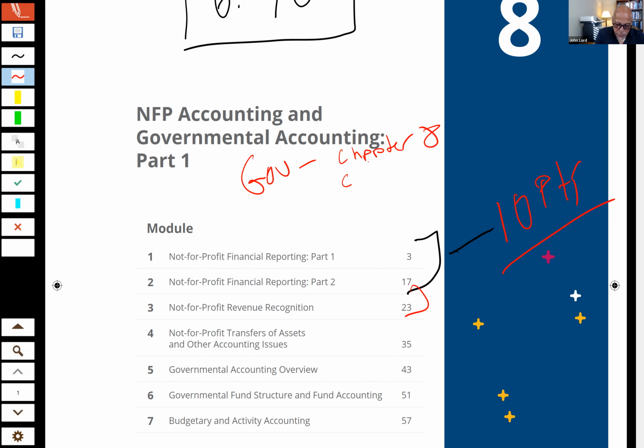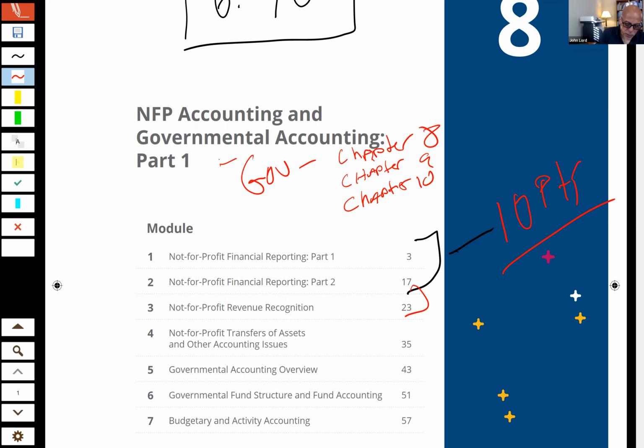A section of it is in chapter 9, and some of it is in chapter 10. So what is that? 2.5 chapters of material. Go ahead, give me another example of an area on the exam where we have 2.5 chapters worth of material.